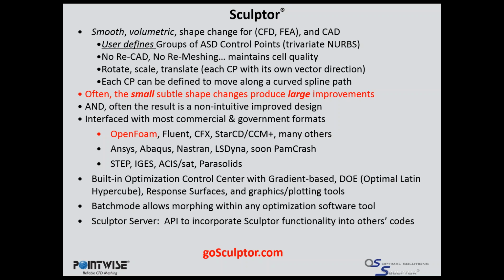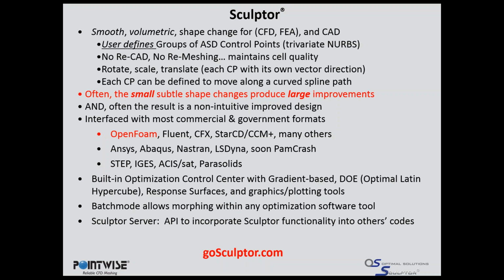This is done in a fashion so we do not have to go back to CAD and remesh, and it also maintains cell quality even for large deformations. We have found it's the small, subtle shape changes that can produce large improvements in your design, especially with CFD. And often the result is non-intuitive.